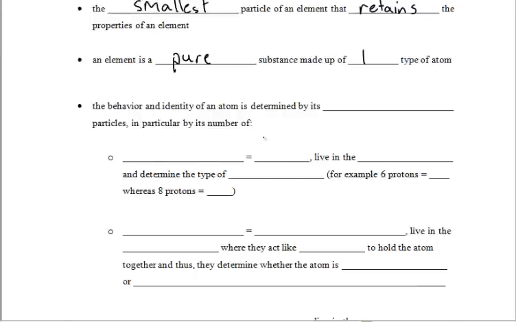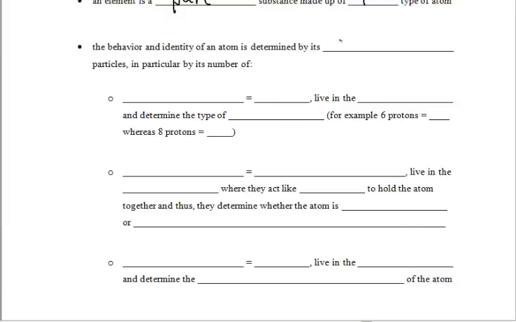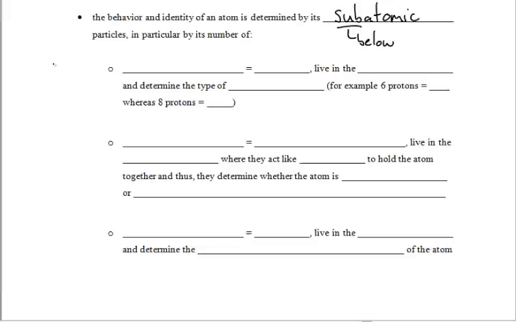And the behavior and identity of an atom is determined by its subatomic particles. Subatomic, sub meaning below, these are things that are smaller than atoms that make up the atoms. 3 key subatomic particles are protons, neutrons, and electrons, and in particular, the number of an atom's protons, those are the positive charged particles that live in the nucleus, actually determine what type of element the atom is.